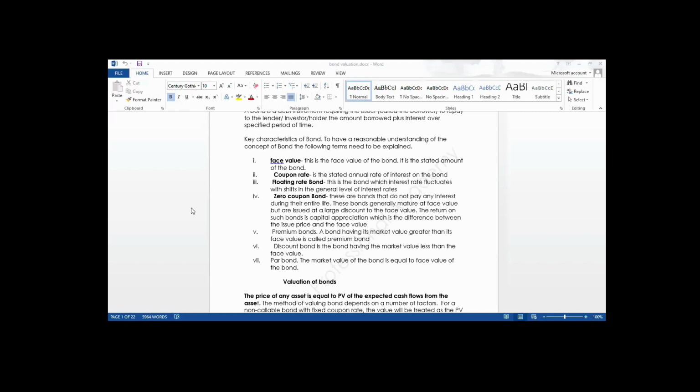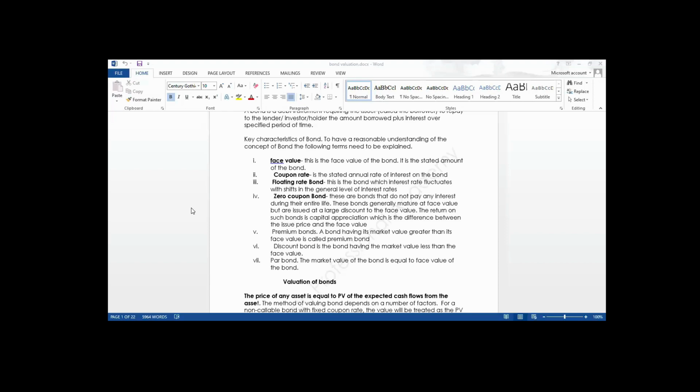The discount rate you are going to use is the corporate yield rate. That is the bond yield. If you are valuing corporate bond, you are going to use corporate yield curve.